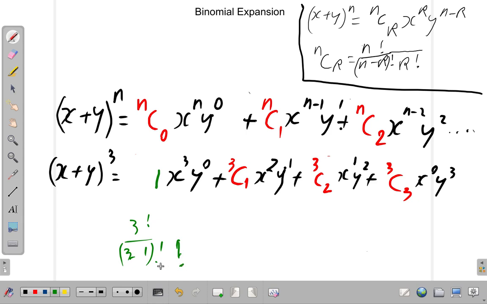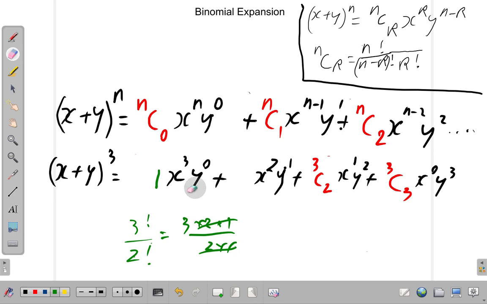But 1 factorial is just 1, so you can get rid of this. 3 minus 1 is 2, so this amounts to 2 factorial. 3 factorial is 3 by 2 by 1, and 2 factorial is 2 by 1, so when you cancel, you get 3. So this number here is going to be 3.